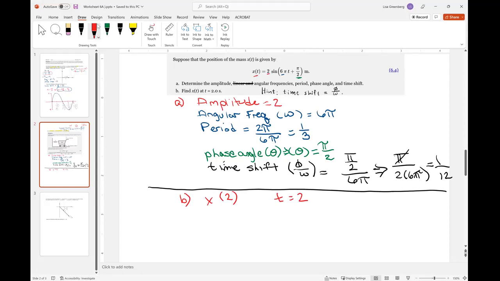And I have the whole equation, so I can just say x of 2 is equal to 2 times the sine of, here, I'll write it out, 6 pi times 2 plus pi over 2. So this is 2 times the sine of 12 pi plus pi over 2.